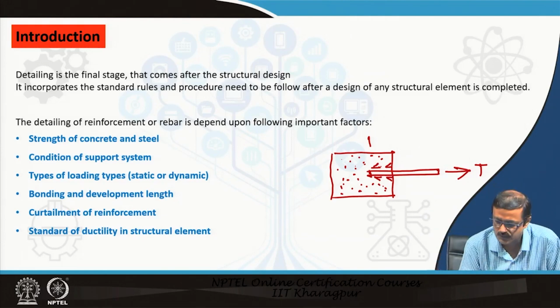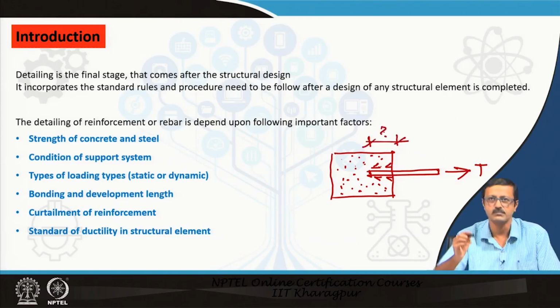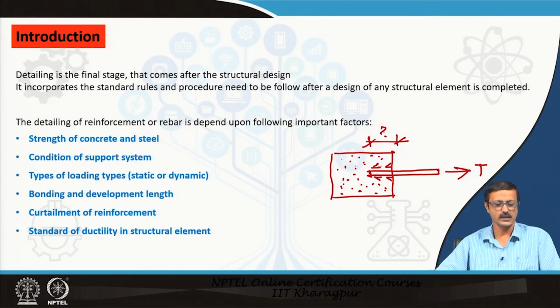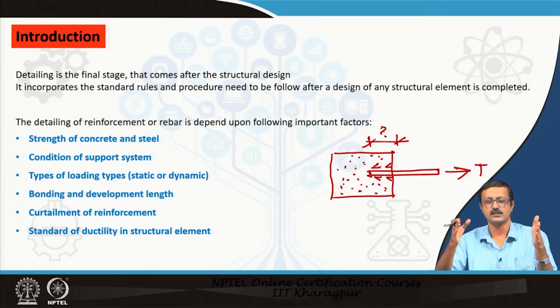So, how much length is minimum required, that is one of the questions. That is the bonding, and due to this bonding we can develop some kind of development length, how much length L is required to provide the bonding strength against the actual amount of tension that has to be taken by the steel bar.